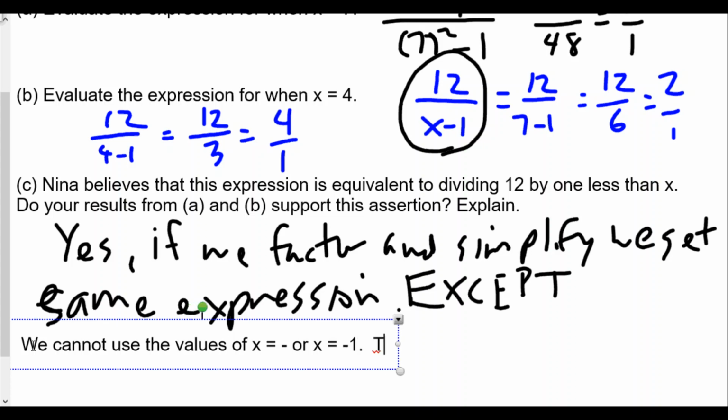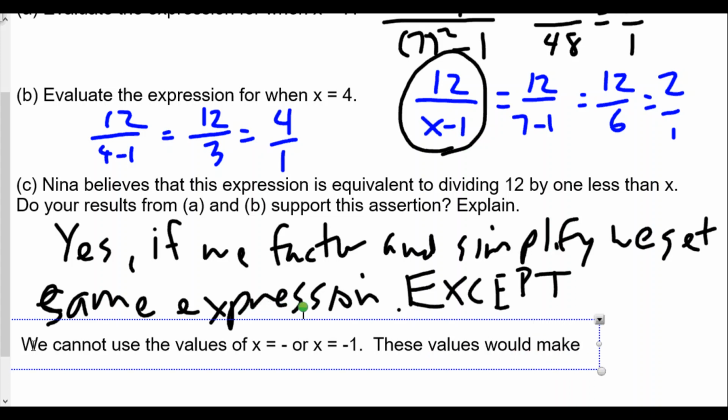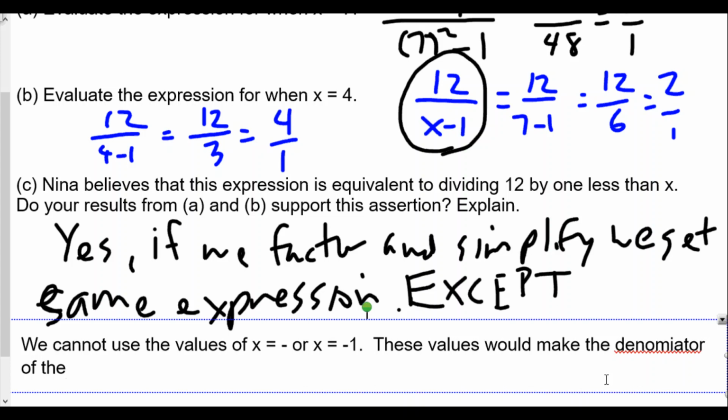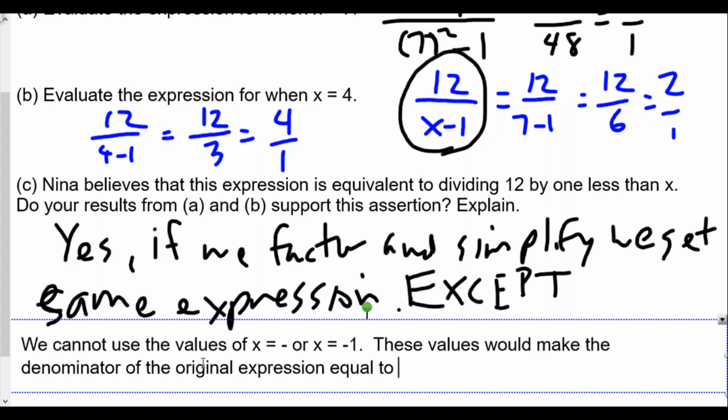These values would make the denominator of the original expression equal to 0, making the expression undefined.